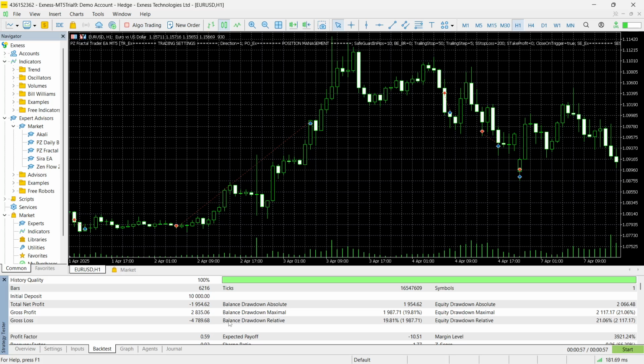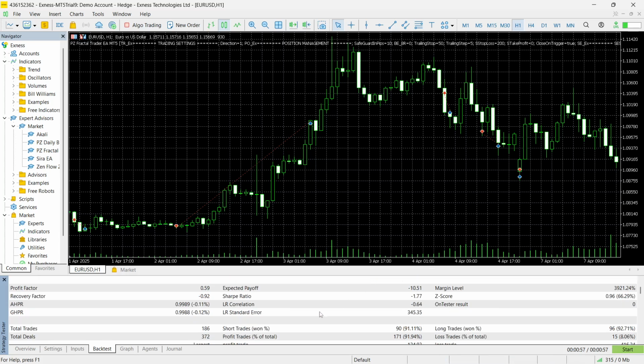Max drawdown around 20%, as you can see, 19.81. On balance and equity, history quality was 100%, which is good, but the numbers speak for themselves. The total trades taken over the period were 186 trades.